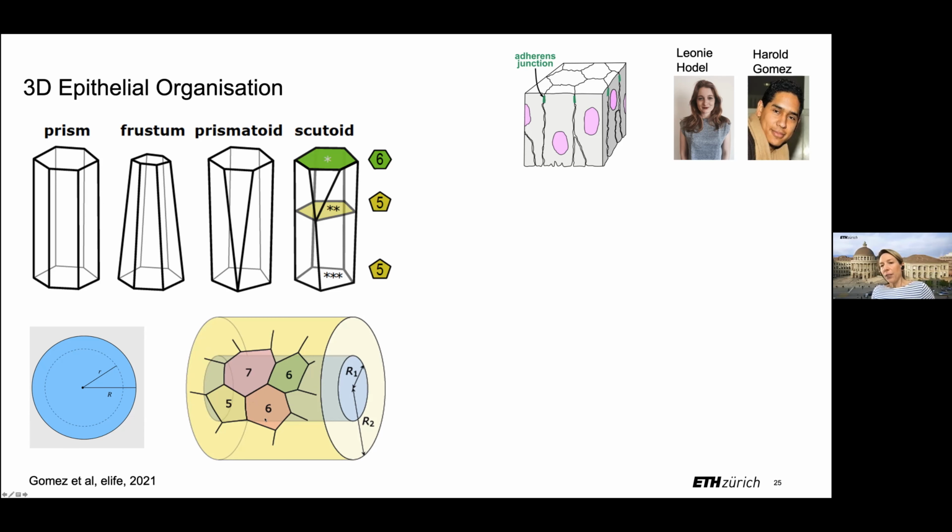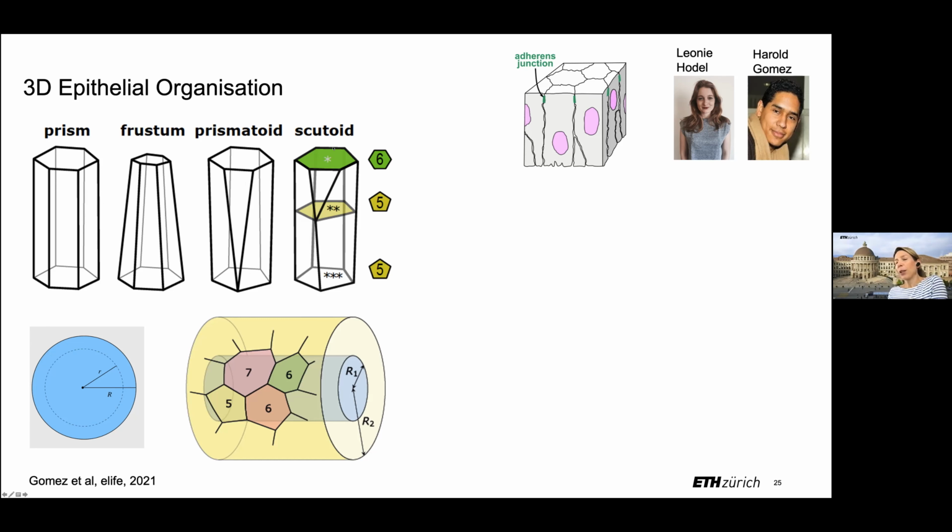But the orthogonal axis will shrink as you go to the inside. And that means that you can't use these frustums in order to cover a tube. So you will have to have a neighbor change along the axis, either at one of the surfaces, in which case it's a prismatoid, or you have that neighbor change somewhere along the axis.